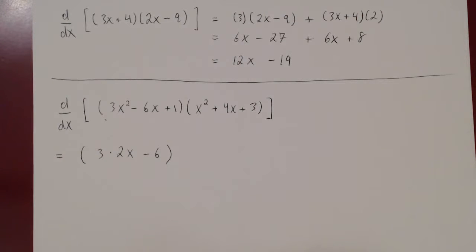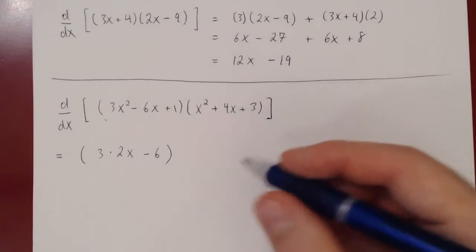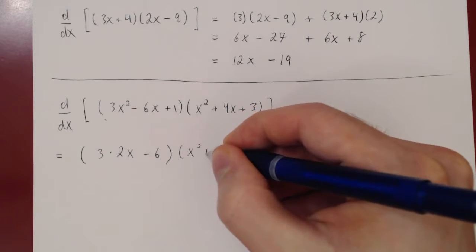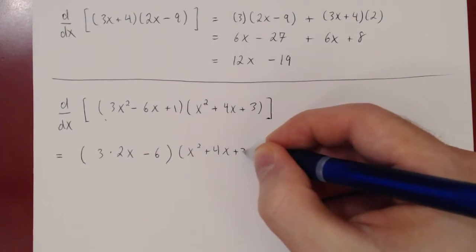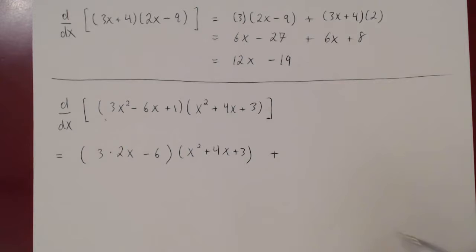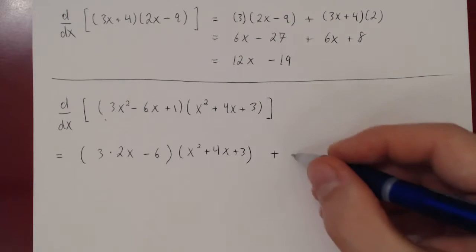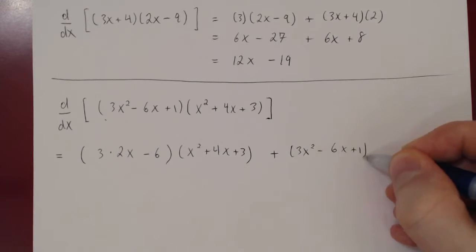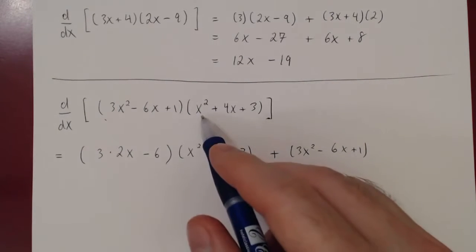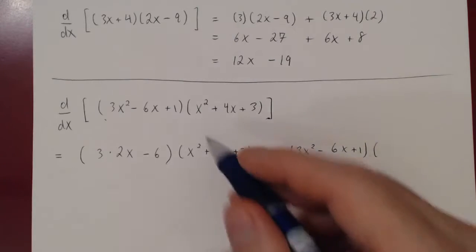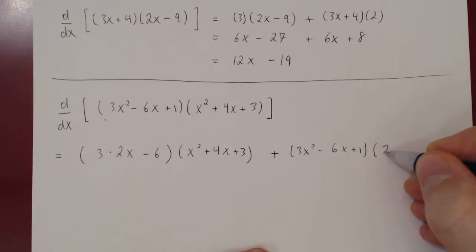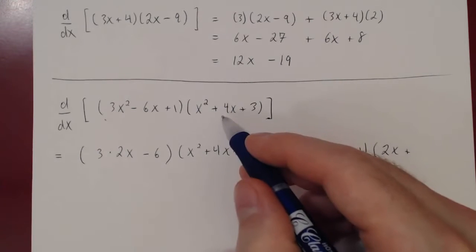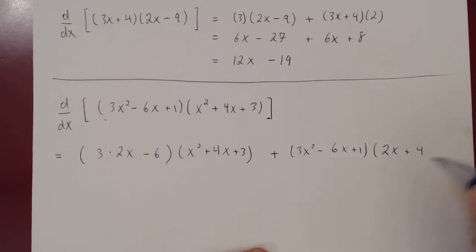And now we have the derivative of the first term times the second term, x squared plus 4x plus 3, plus the first function, 3x squared minus 6x plus 1, times the derivative now of the second function. The derivative of x squared is 2x from the power rule, plus the derivative of 4x is 4, plus the derivative of 3 is a constant, the derivative is 0.